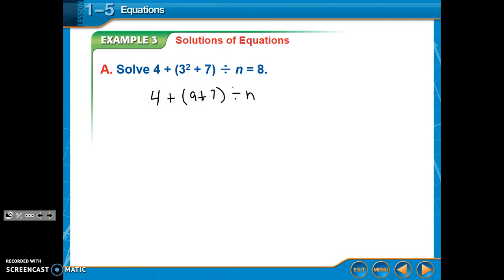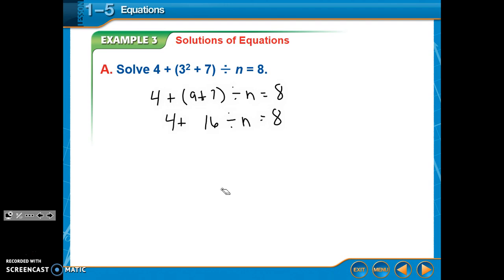So 4 plus 9 plus 7 is 16, divided by n equals 8. And I can think about how this might work.